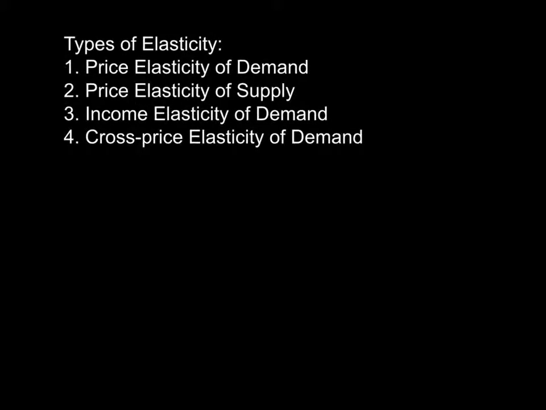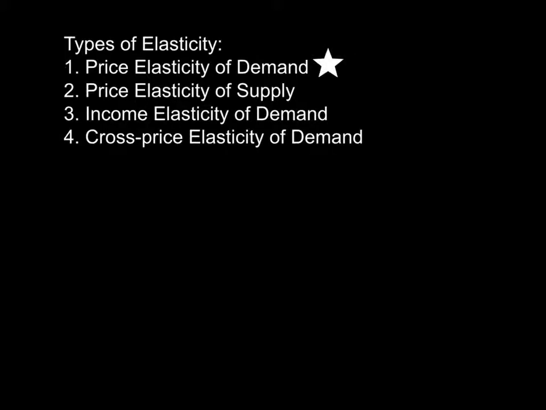These are price elasticity of demand, price elasticity of supply, income elasticity of demand, and cross-price elasticity of demand. If you hear a reference to simple elasticity in economics, then we are typically talking about price elasticity of demand.